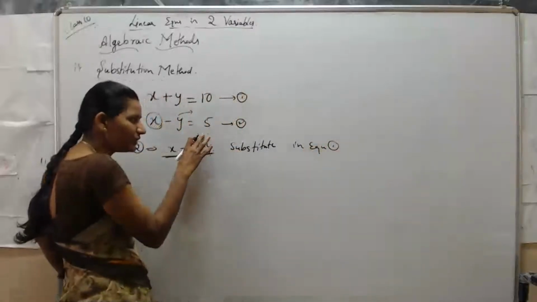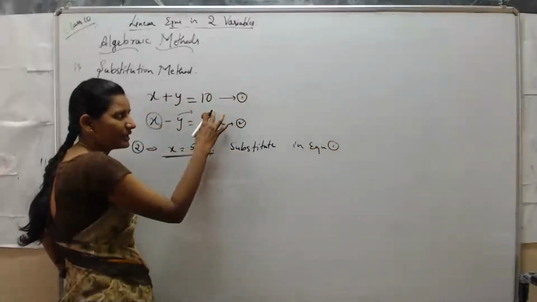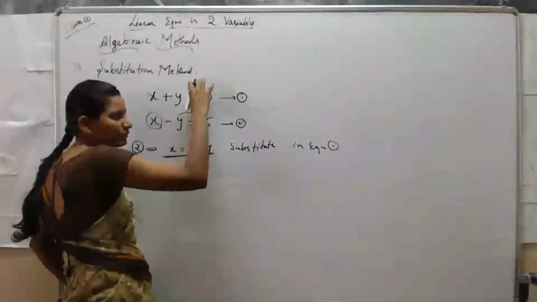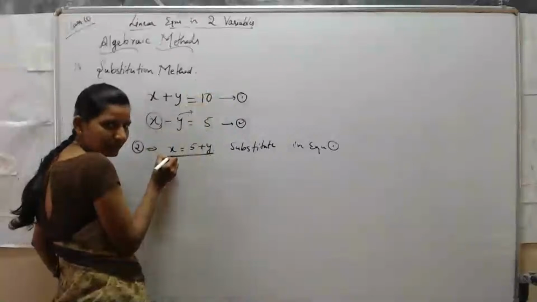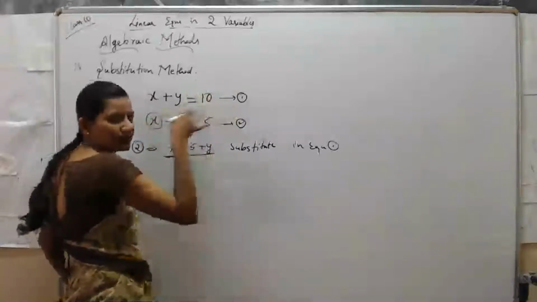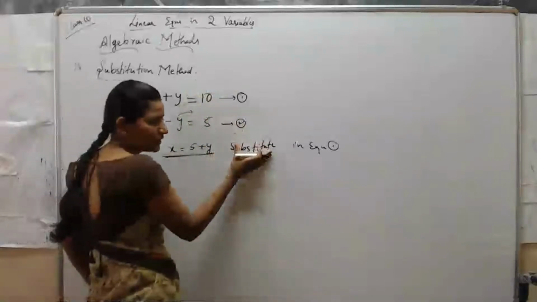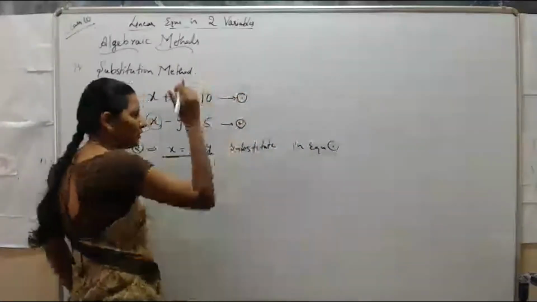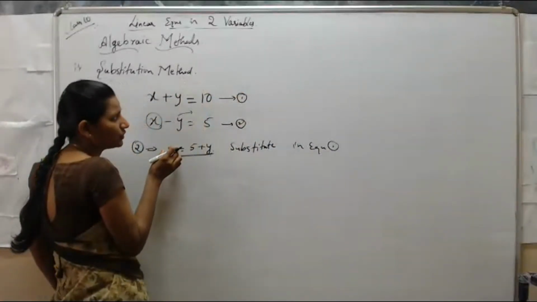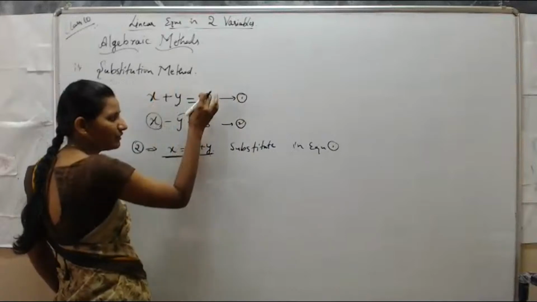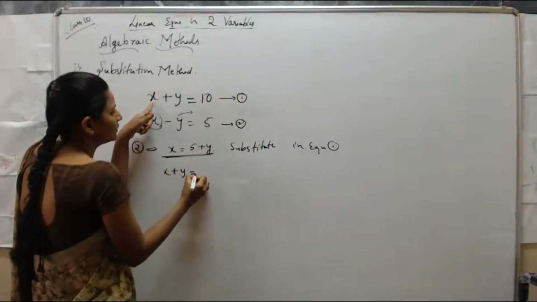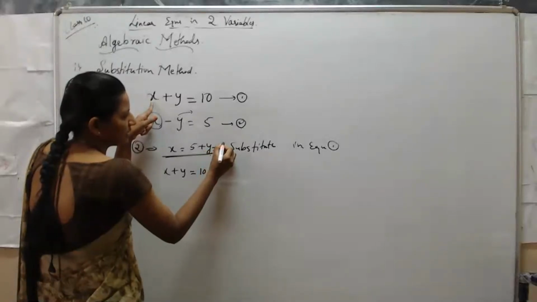We are taking the x value, transferring everything to the right side, and substituting this in equation 1. See what happens if you substitute the x value in equation 1. Equation 1 is x plus y is equal to 10. Take this as equation 3.